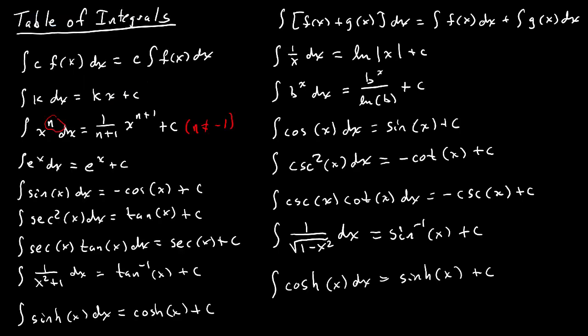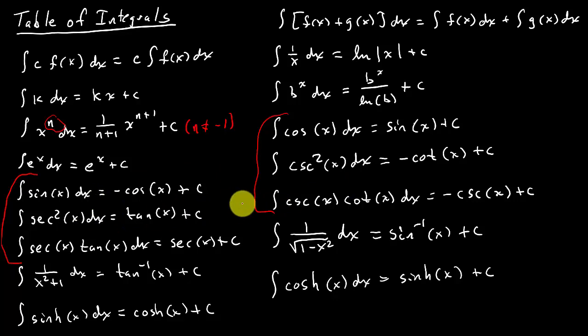Okay, so we're dealing with trig functions. So the ones that we have are here and here. There's our trig functions. So we've got to see if we can make that look like one of these.